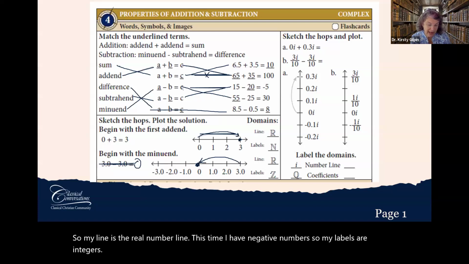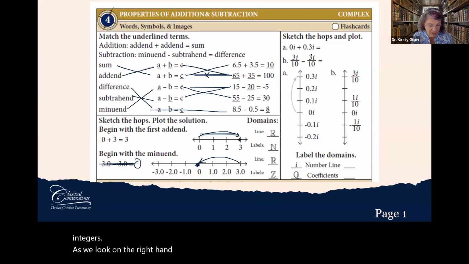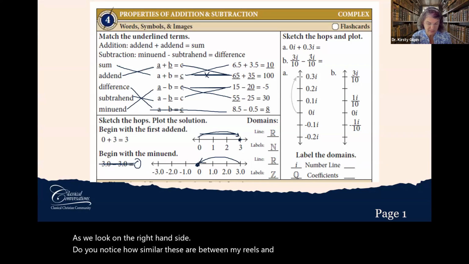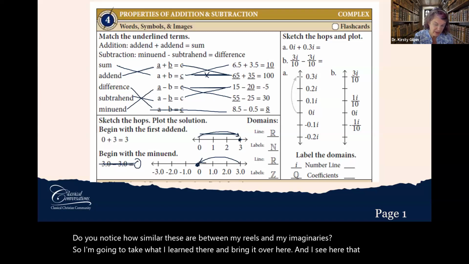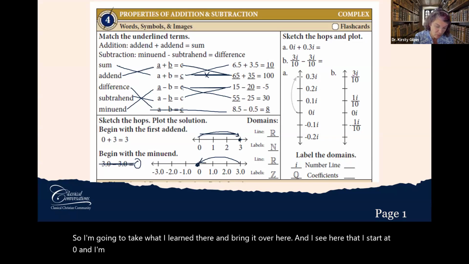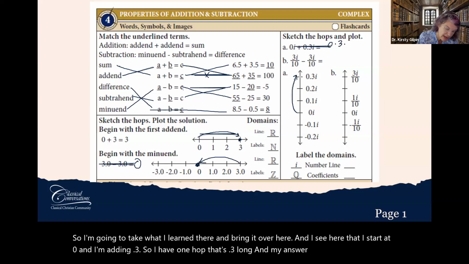As we look on the right-hand side, do you notice how similar these are between my reals and my imaginaries? So I'm going to take what I learned there and bring it over here. And I see here that I start at 0 and I'm adding 0.3. So I have one hop that's 0.3 long. And my answer is 0.3i.